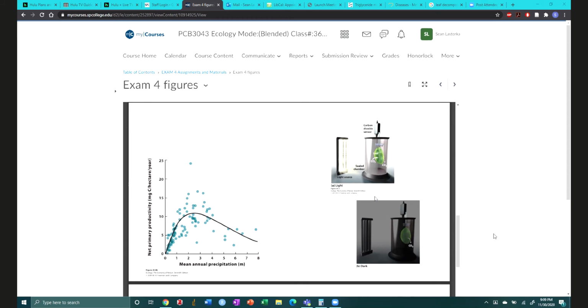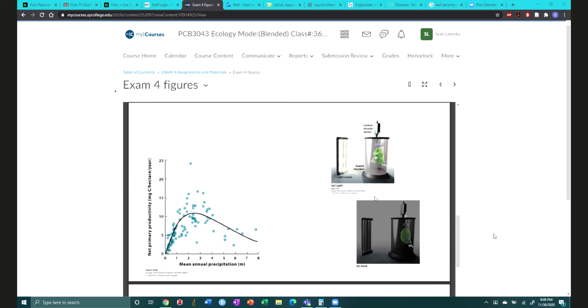Yeah. So when there's light, there's CO2 reabsorption, whereas in the dark, there's none. Yeah. So yeah, so exactly. So your CO2 readings will be higher in the dark chamber than the light.